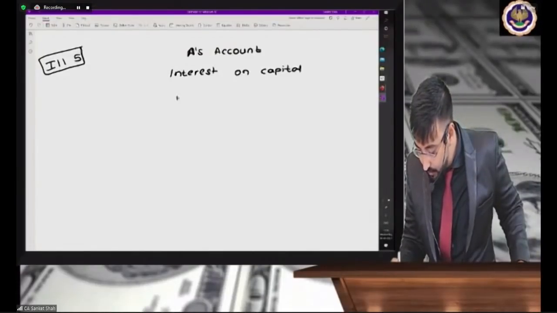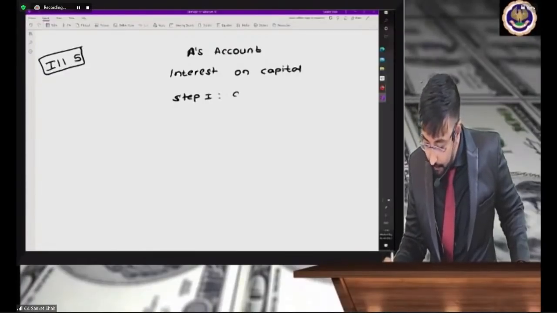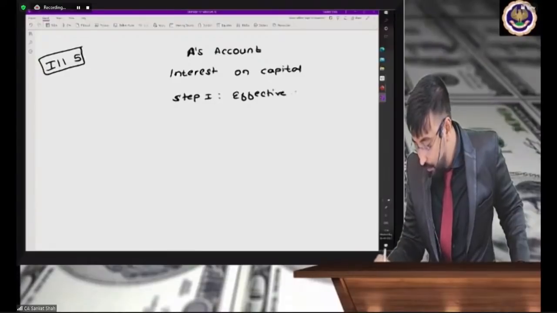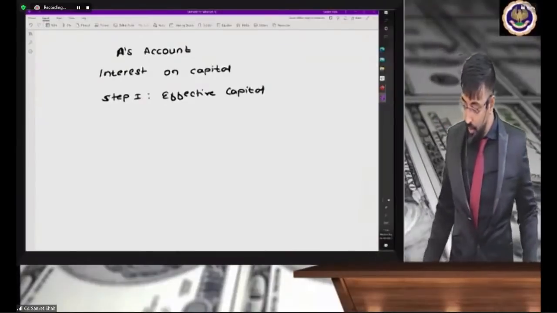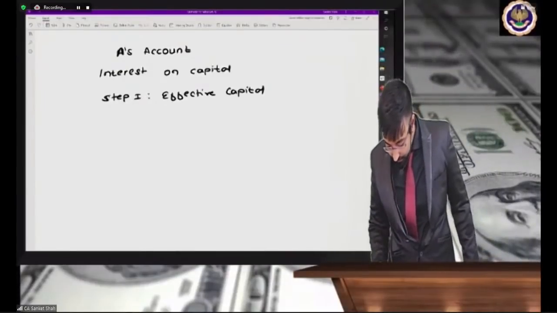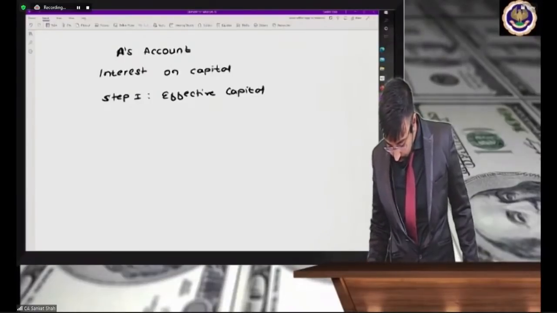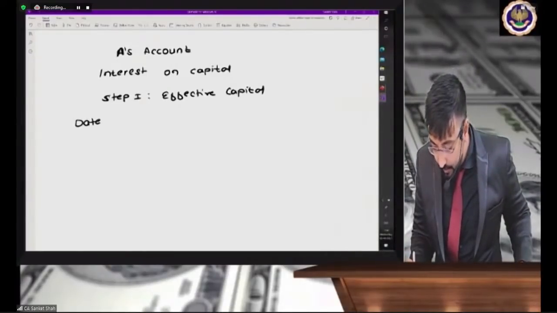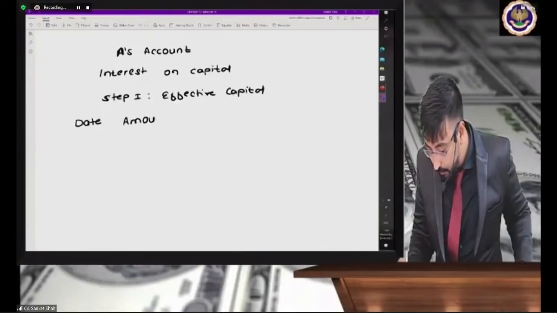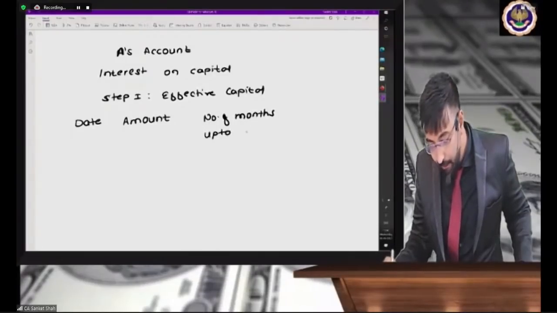First write down step one, effective capital. Step one effective capital. You already studied that average due date. Date, amount, number of months up to 31st December.